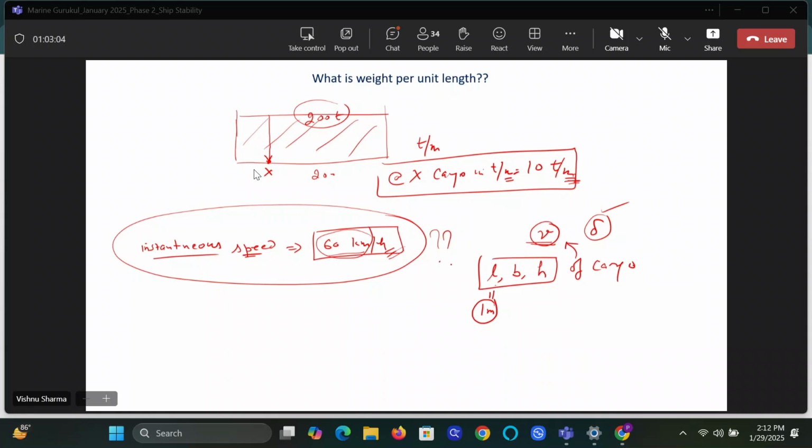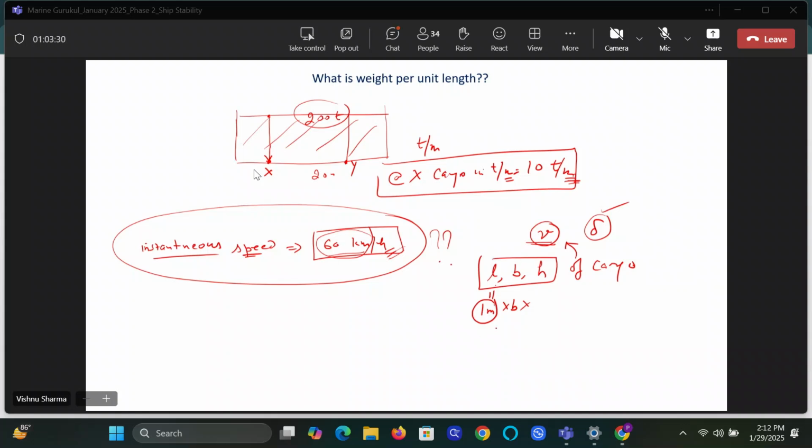Over how much breadth? Over the entire breadth of the hold, because the hold is loaded from one side to another. Then what could be varying from point to point, guys? The height of the cargo. Now, in the case we were discussing yesterday, the height of cargo at X was the same as the height of cargo at Y.